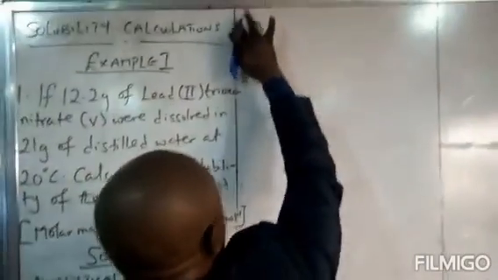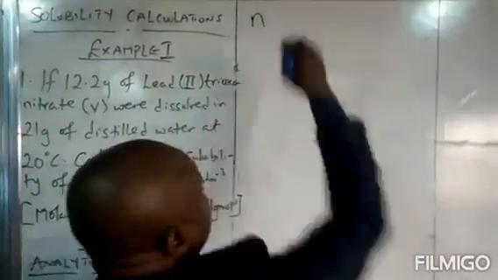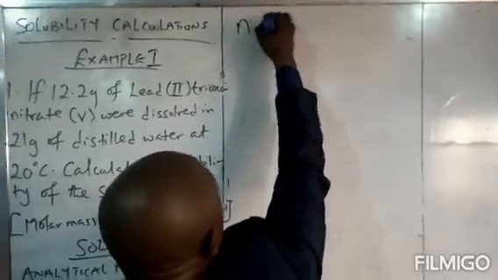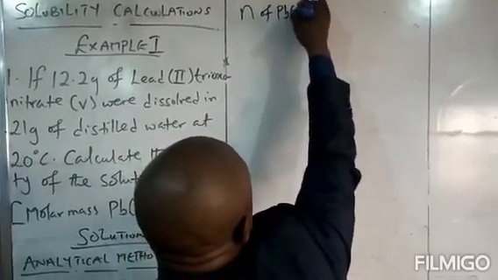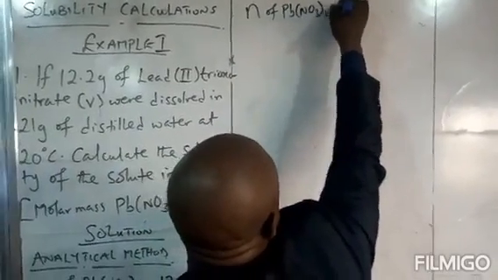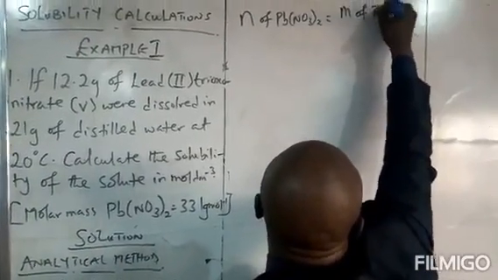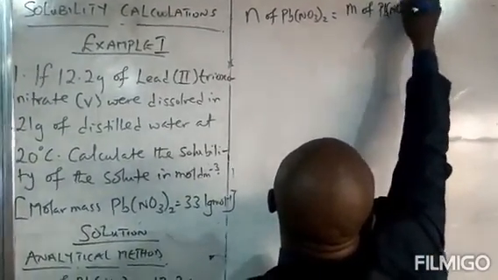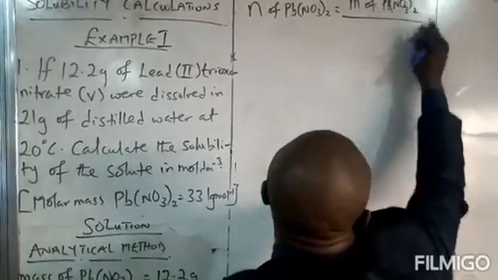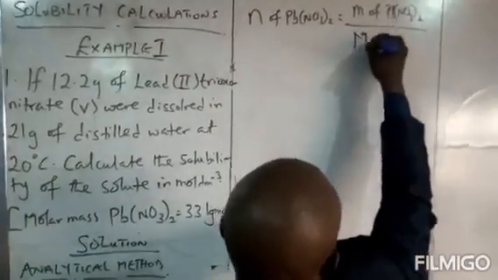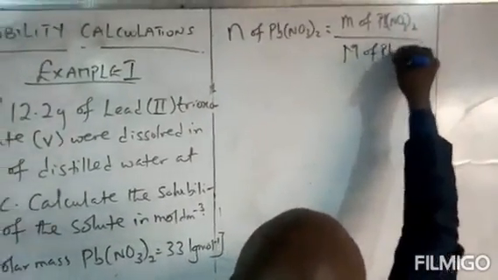So we have n of Pb(NO3)2 equals the mass of Pb(NO3)2 over its molar mass.